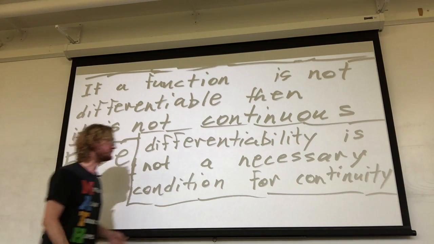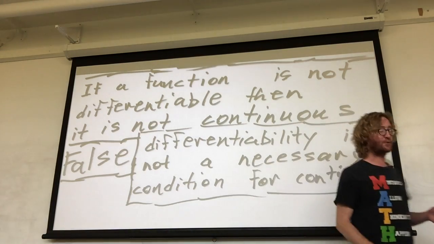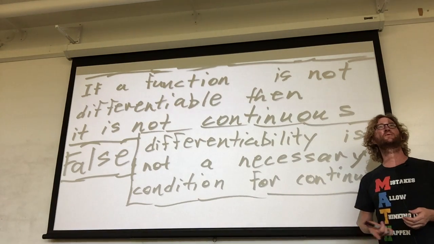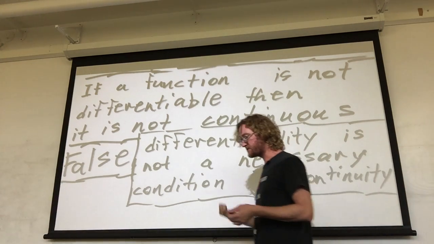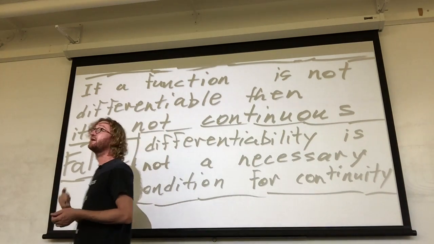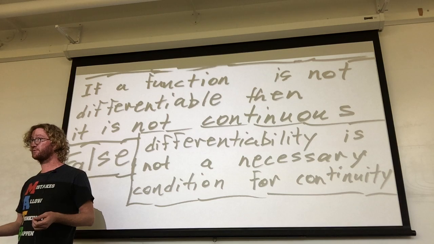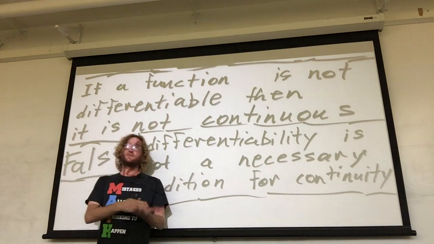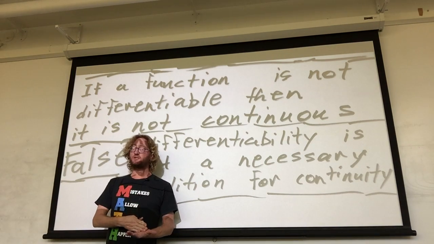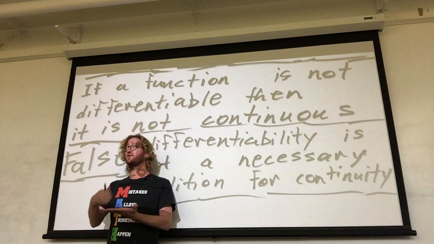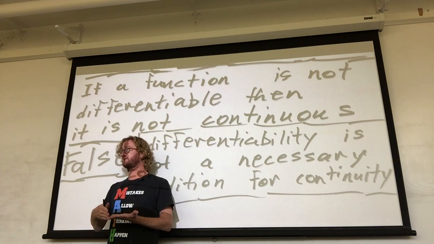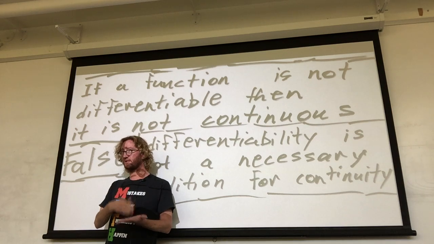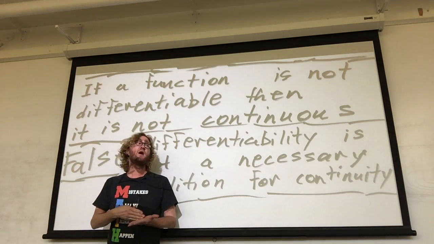Okay? Now, what is meant for the other term, which is sufficient? Okay? If a condition is sufficient, then it means the other condition is true. Okay? So differentiability is a sufficient condition for continuity. So if a function is smooth, then it has to be connected. Differentiability is a stronger condition.